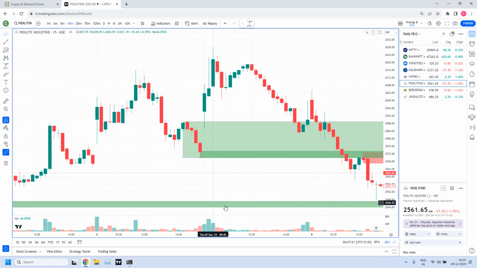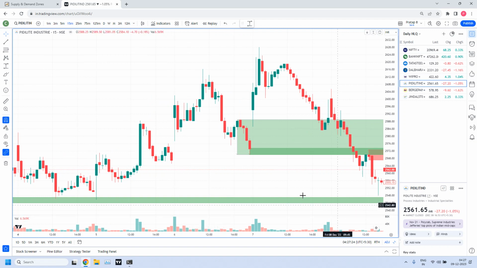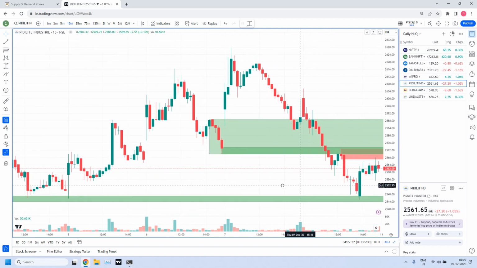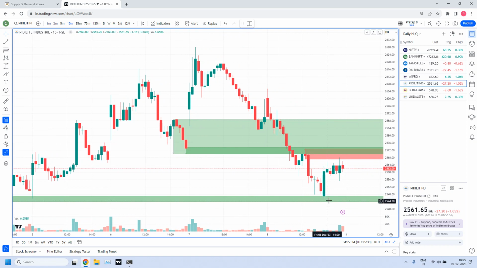Looks like it didn't enter into the zone, but actually it did. If I draw proximal type 1, that is zone high to zone low, this value also entered into the zone 3 times. And this is the 4th time it entered into the zone and gave the entry, and see, it reached up to this 15 minute supply zone.